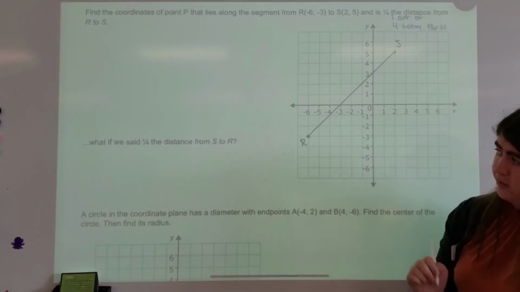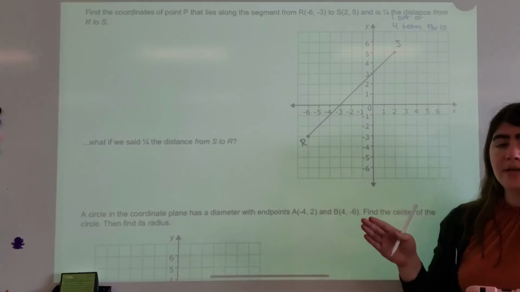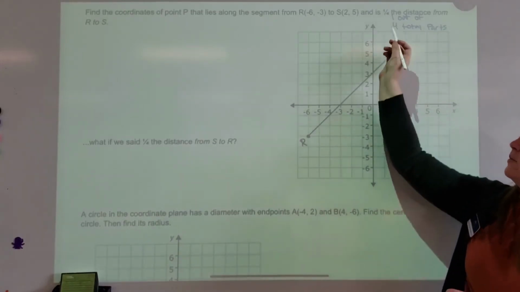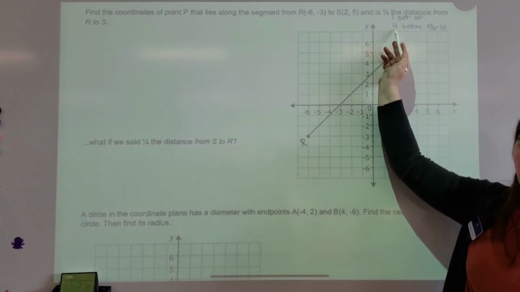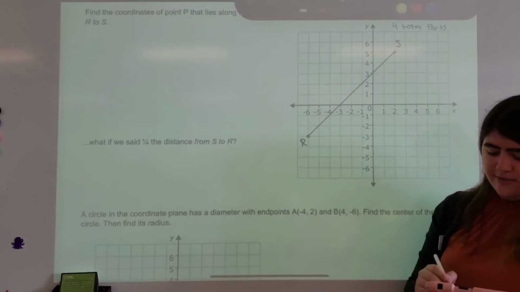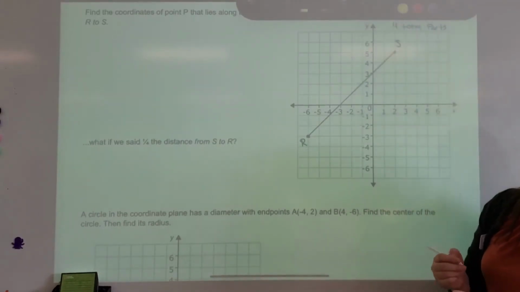If I want 4 total parts, that means that I already know how many sections on my segment I want. So I don't have to add those together because it tells me that I want 4 of them. So now I'm going to go ahead and start by finding my horizontal and vertical distances again.